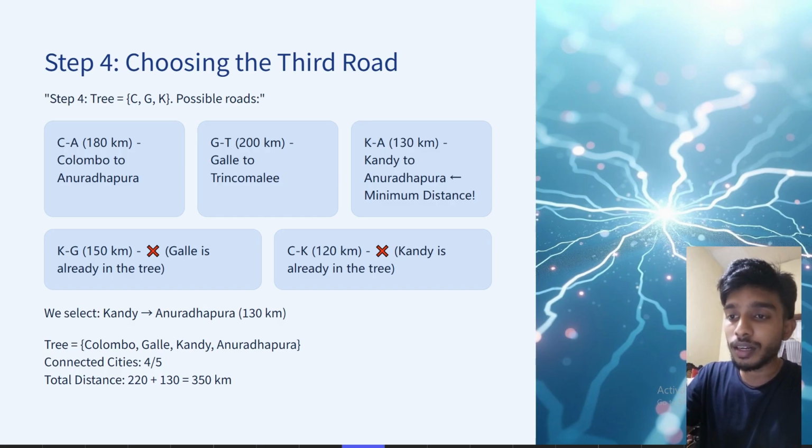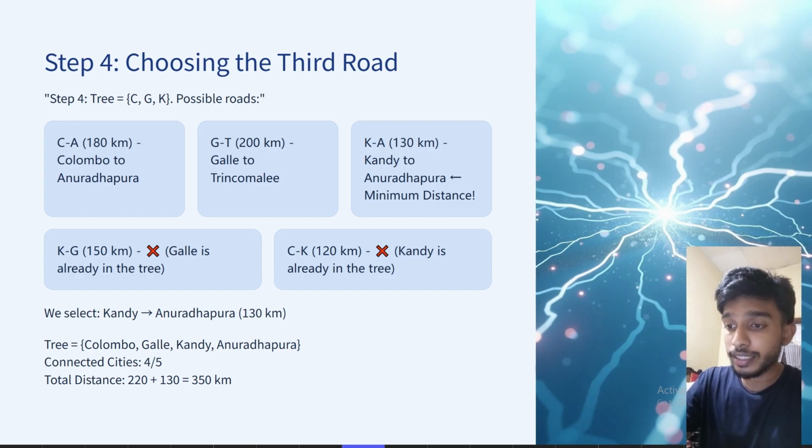Step 4. Third road selection. Now we have Colombo, Galle and Kandy. We have 5 road distances available: Colombo to Anuradhapura, Galle to Trincomalee, Kandy to Anuradhapura, Kandy to Galle, Colombo to Kandy. We cannot take Kandy to Galle and Colombo to Kandy because Kandy and Galle are already in the tree.